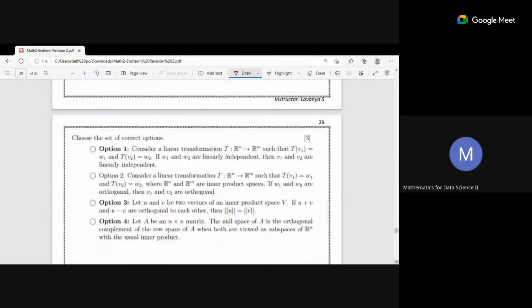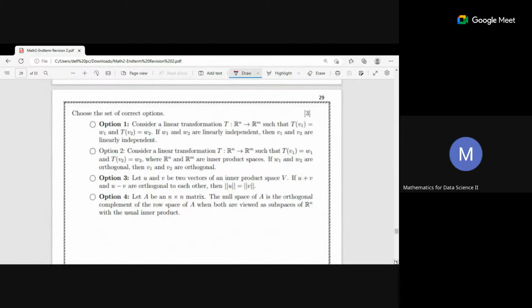Okay, fine. So consider a linear transformation. We are almost at the end. Consider a linear transformation T from Rn to Rn such that T(V1) is equal to W1 and T(V2) is equal to W2. If W1 and W2 are linearly independent, then V1 and V2 are linearly independent. Is that true? Not necessarily, right? Yes or no? What is the answer?